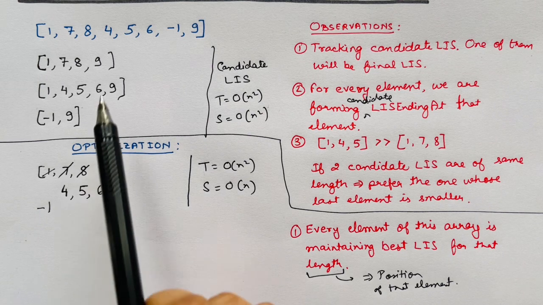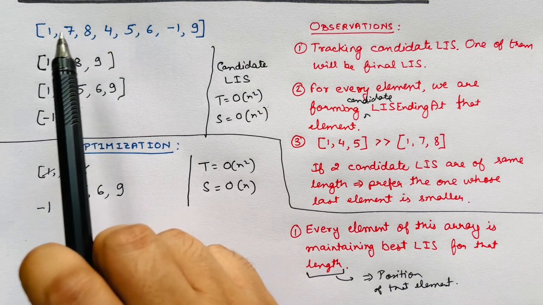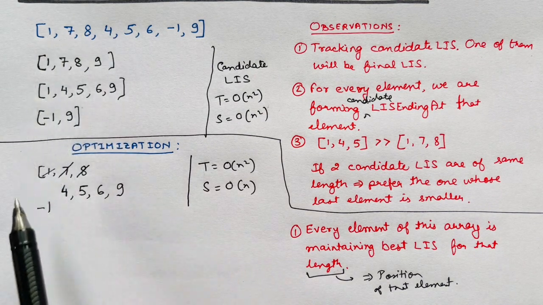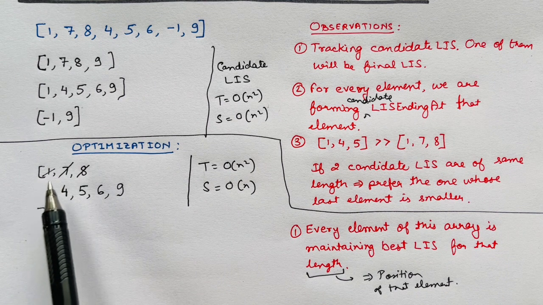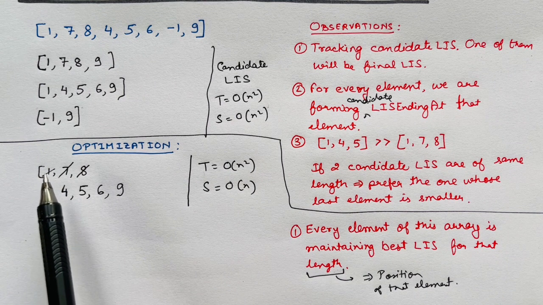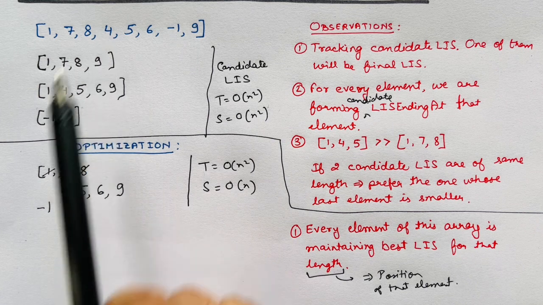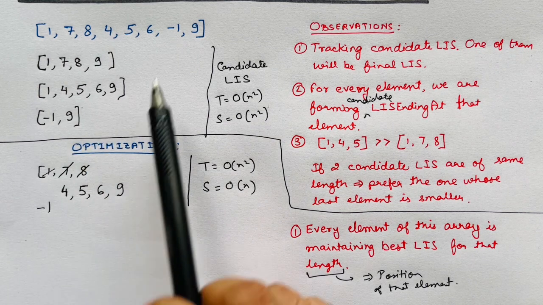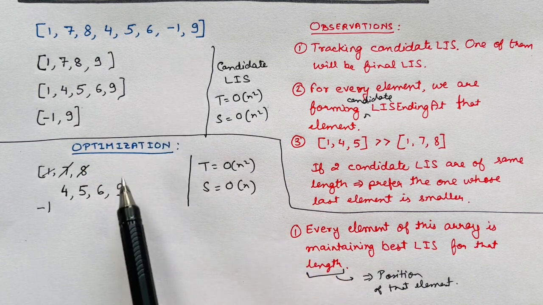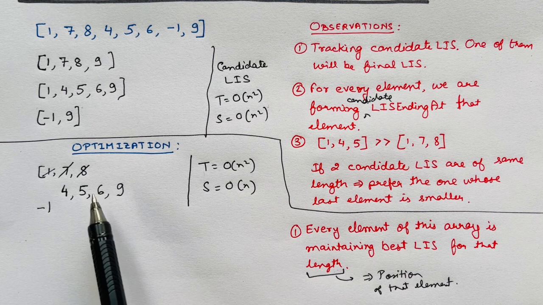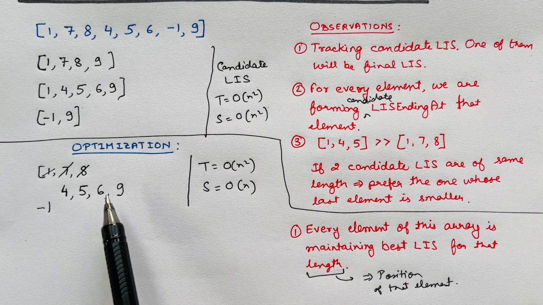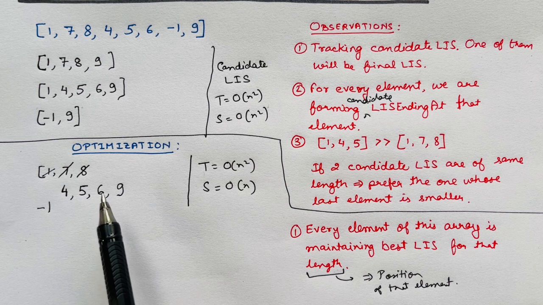Because among all the elements that lie prior to 4, the LIS ending at 1 was the longest possible and where the element was smaller than 4. Similarly for 9, when we were placing 9, we encountered that 6 is smaller than 9 and LIS ending at 6 is the greatest.